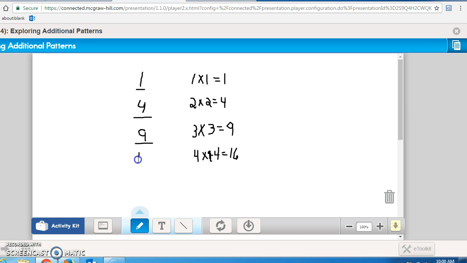So that would be my next square number, 16. And finally, my fifth square number would be the result of when I multiply 5 times 5. So 5 times 5 is 25. My first 5 square numbers are the numbers 1, 4, 9, 16, and 25.